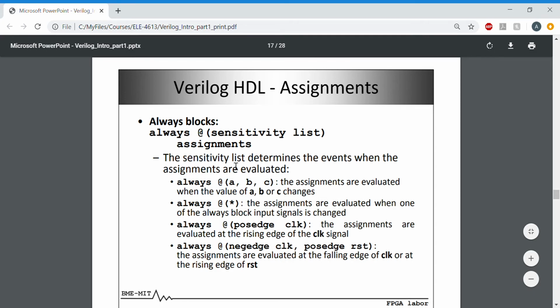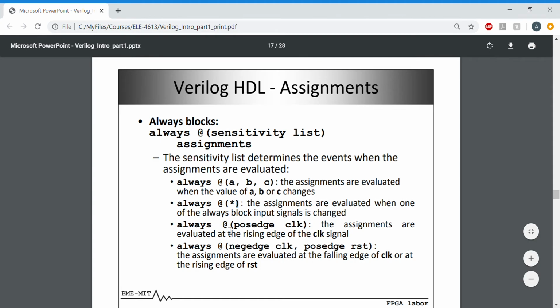So the sensitivity list determines the events when the assignments are evaluated. Here, always at A, B, C means anytime A changes, B changes, or C changes, this always block is going to be evaluated. And star means anytime anything changes, this is going to be evaluated.